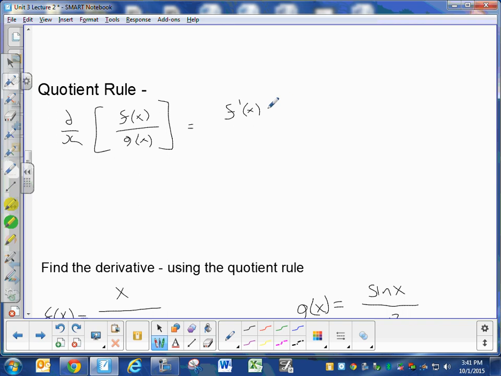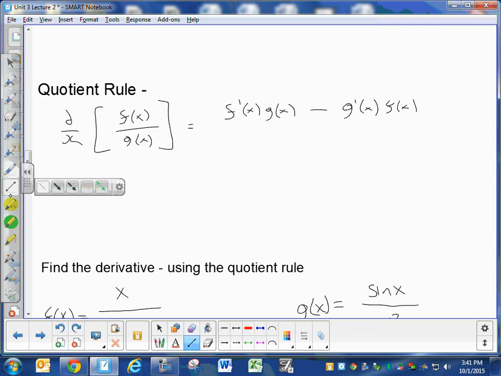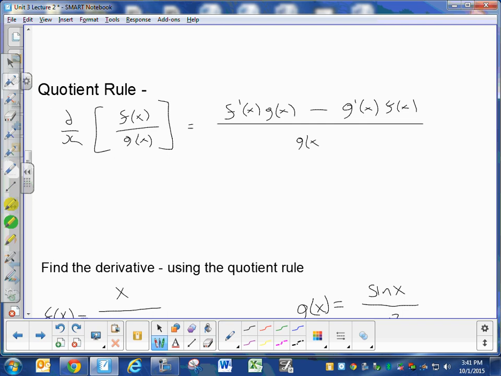The derivative of f times g, or the derivative of the top times the bottom, minus, instead of plus, the derivative of the bottom times the top, all divided by the bottom squared. It's a little bit more intense. Both of these rules can be proven using the magical formula that we generated, and using some math, you can see the proof if you wanted to, but pretty much just take my word for it. This is the quotient rule.